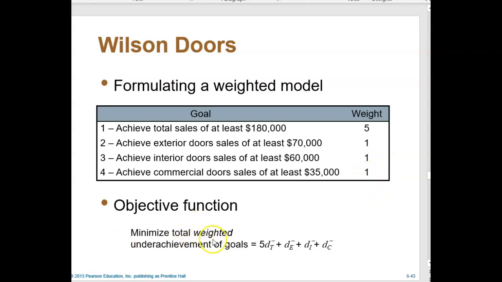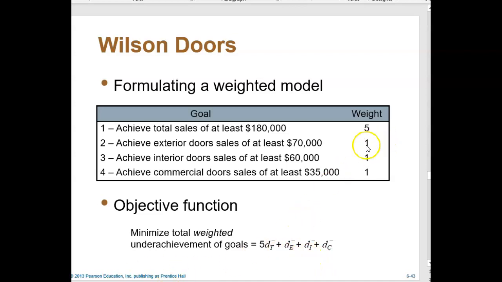This gives us a new objective function, which is 5 dT negative plus dE negative plus dI negative plus dC negative. So notice that whatever weights we had assigned to each of these goals show up as objective function coefficients in your modified objective function.